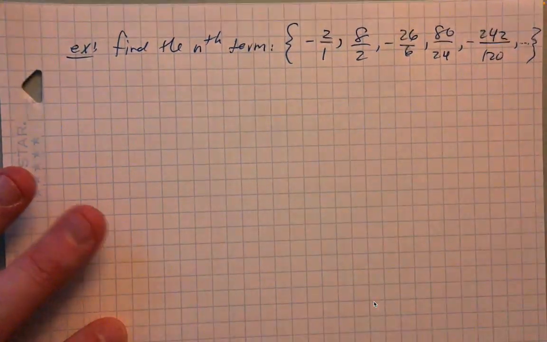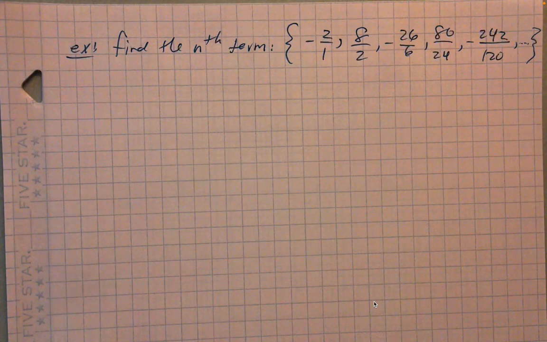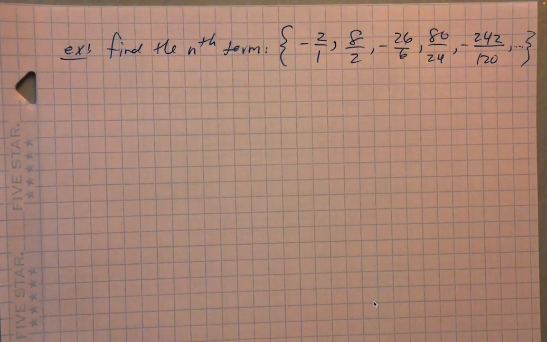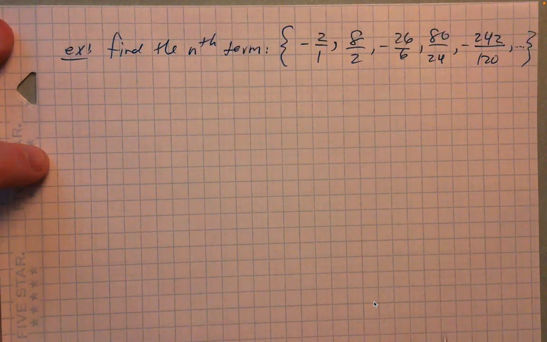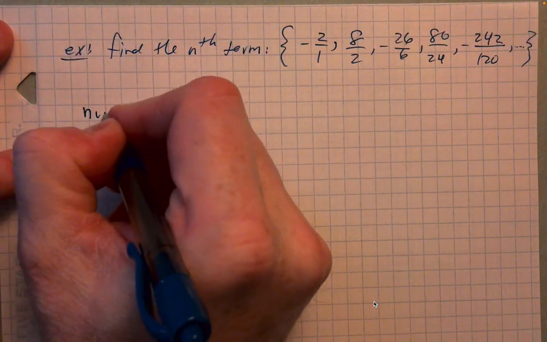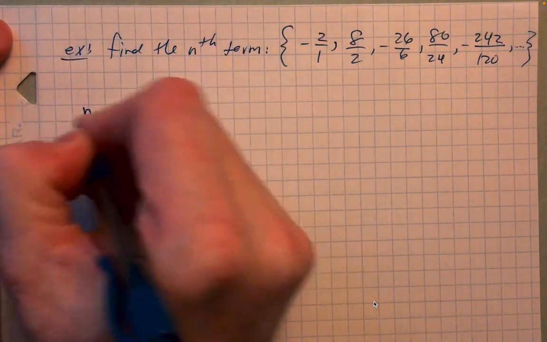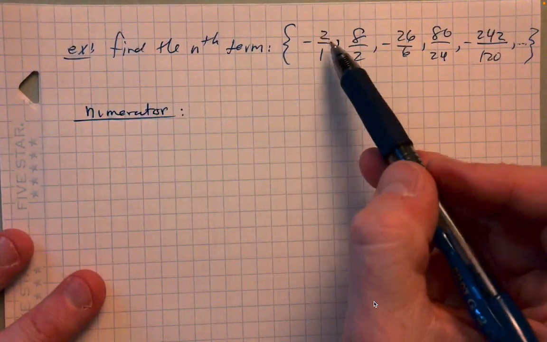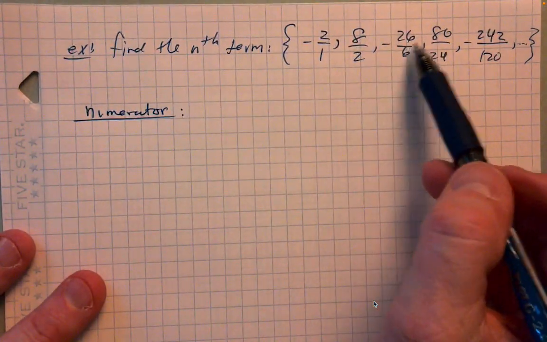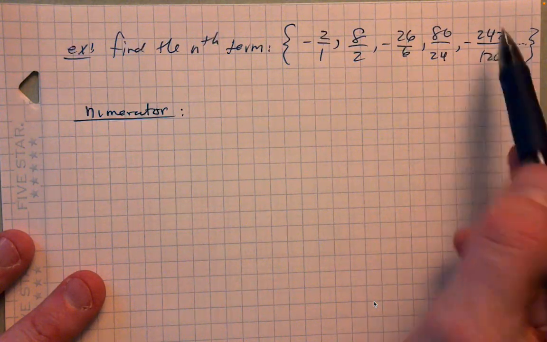So this one already looks like, ooh, yikes. Taking the numerators and denominators separately, what's going on in this numerator? Well, it's 2, 8, 26, 80, and 242.